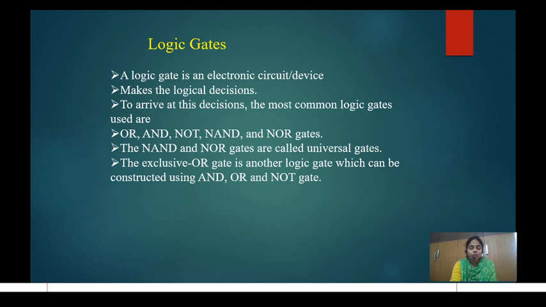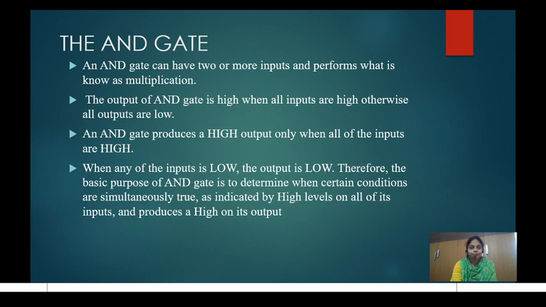Including these, there are also the XOR gate and the XNOR gate. Coming to the AND gate, it can have two or more inputs and performs the operation known as multiplication. The output of the AND gate will be high when all the inputs are high.